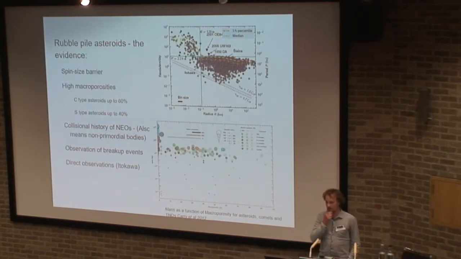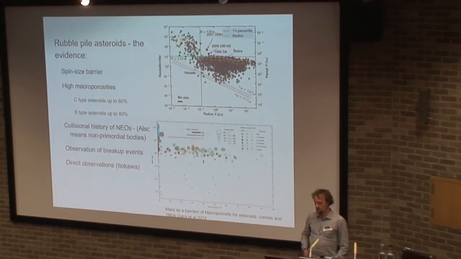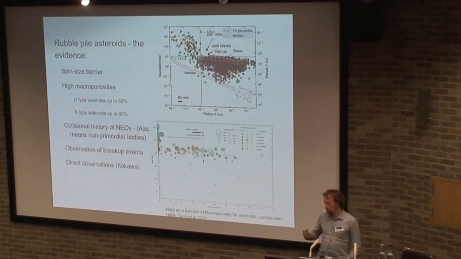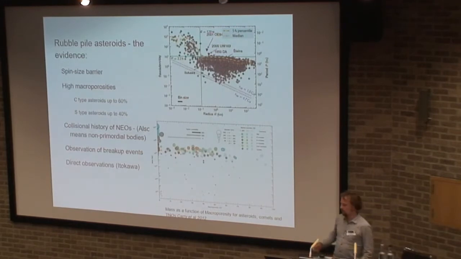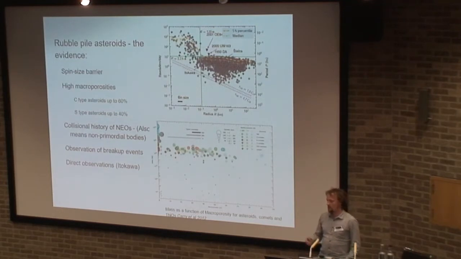This indicates that all or most asteroids larger than 120 meters are actually bound mainly by gravitation and only very weak cohesion. Additionally, we have high macroporosities and the collisional history of all asteroids, telling us that these are leftovers of collisional evolution.